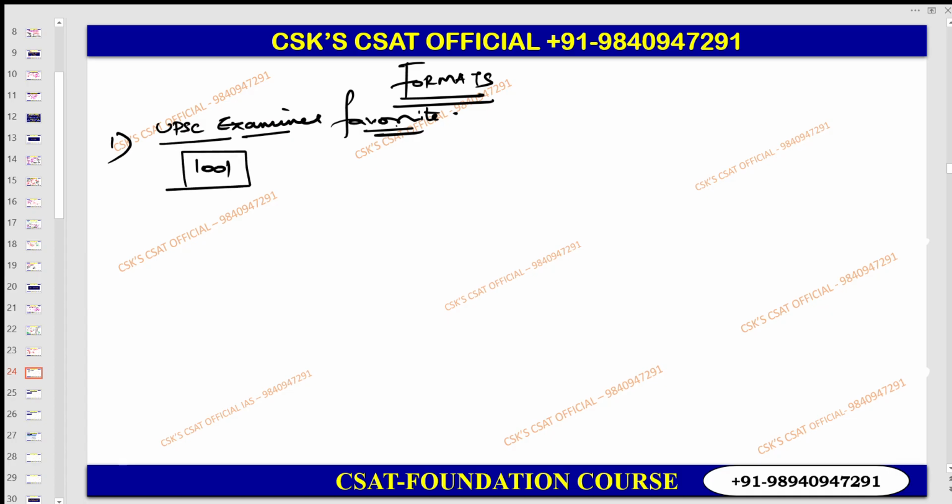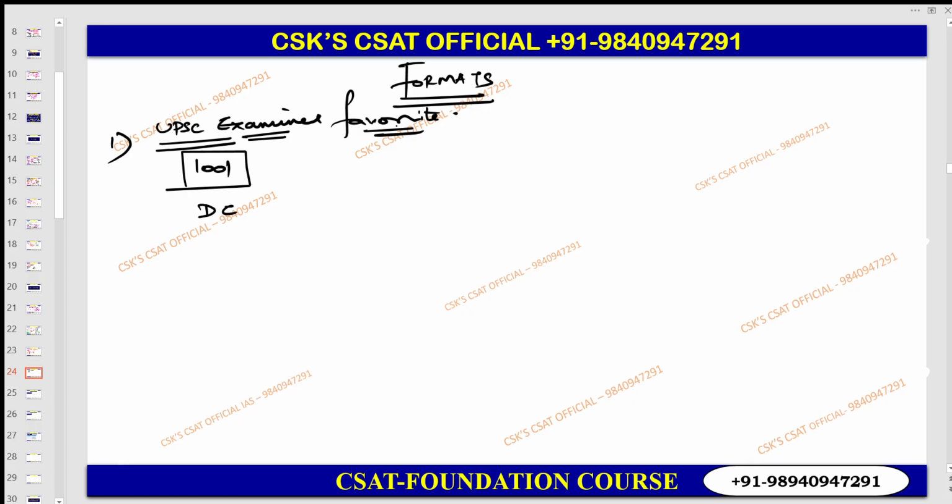So this is the UPSC examiner's favorite. Almost every year, in the recent 10 years from 2015, there was a question based on this 1001 concept. A minimum of 3 to 4 questions are there based on this concept. Various ways they are projecting these questions.